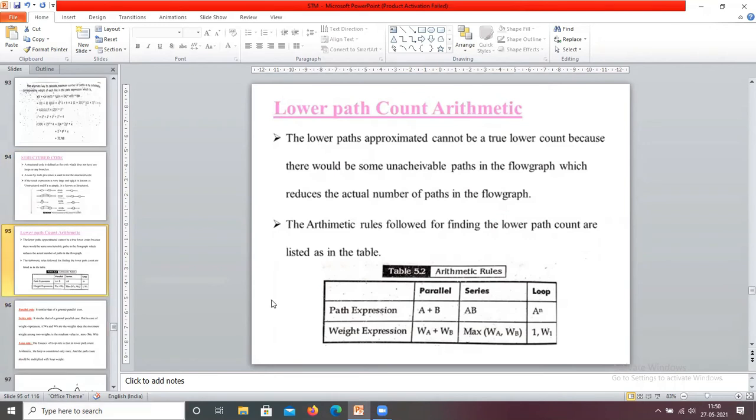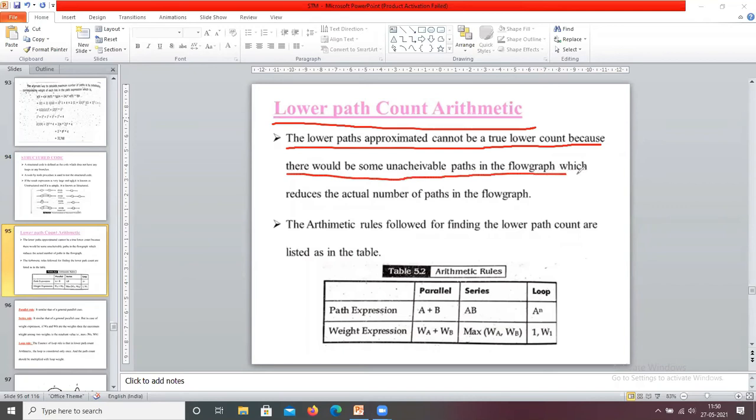The next application of the node reduction algorithm is lower path count arithmetic. The lower path count approximated cannot be a true lower count because there would be some unachievable paths in the flow graph, which reduces the actual number of paths in the flow graph.